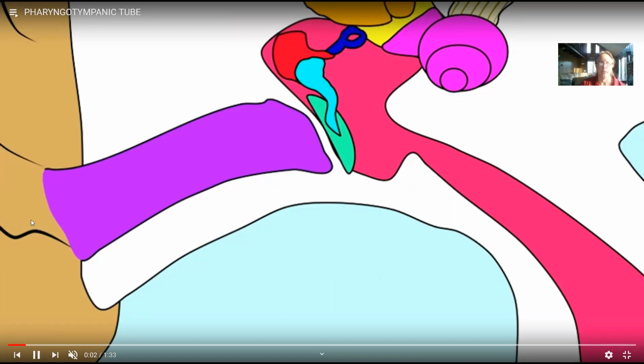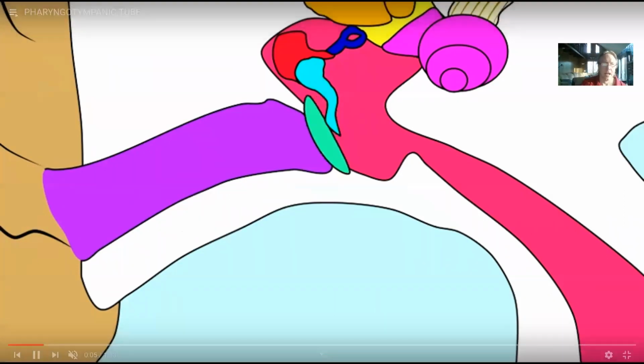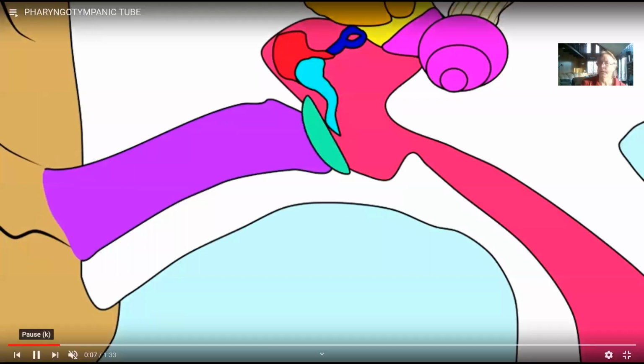And so from the external ear, which helps to collect sound and direct it, this is important in amplifying sound. For example, owls have such a distinctive face because their entire face is helping to collect sound waves and direct them into the auditory canal.